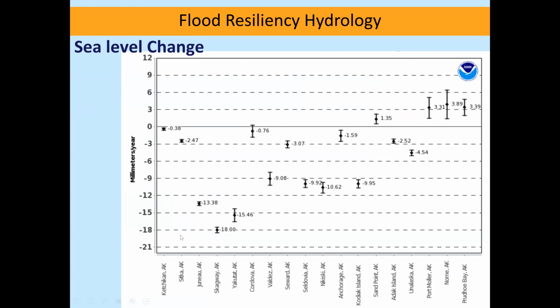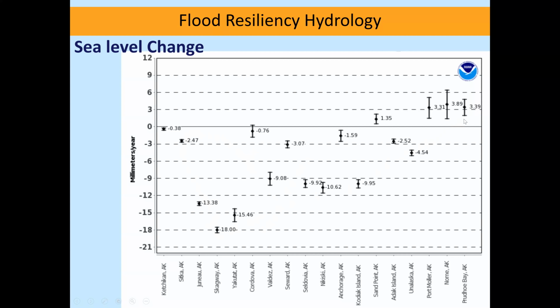So this is the 30-year average change in millimeters per year for a lot of Alaska, and a lot of it is still actually rising above, exceeding the rate of sea level rise. So it's something to think about two ways. If you're expecting your culvert to be backwatered by the high tides, it may not be in Skagway or some of these other places. Give it a few years.